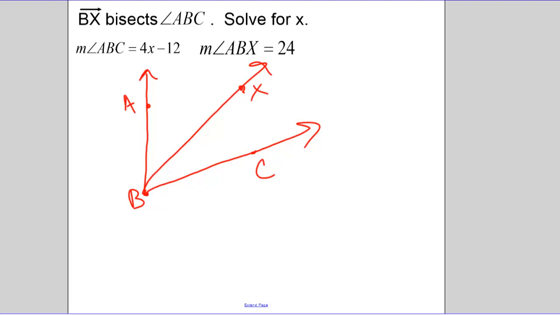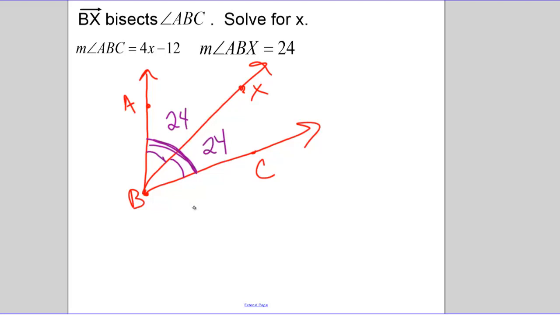I have the whole angle is 4x minus 12, and ABX is 24. Since we know BX bisects, I know this angle is congruent to that angle. So I know this one's 24.